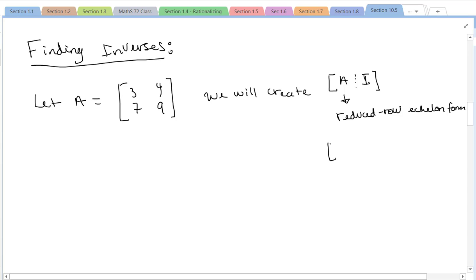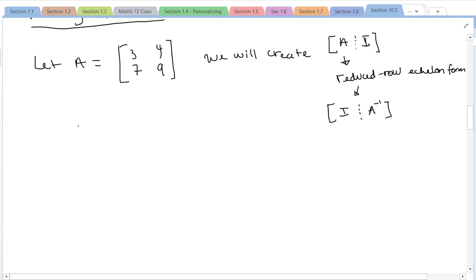Once we put it in reduced row echelon form, we're going to have the identity here, because that's what reduced row echelon form is. You have ones along the diagonal and zeros everywhere else, and you're going to have A inverse on the other side. So as we perform the operations on the entire matrix, the identity over here on the right is going to turn into the inverse.